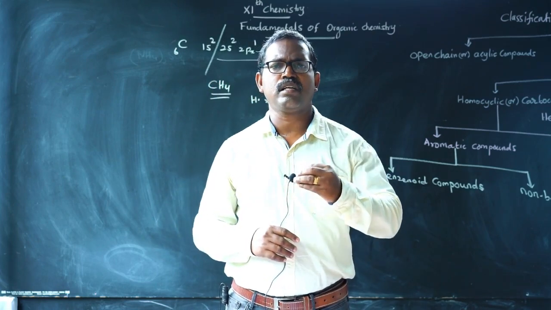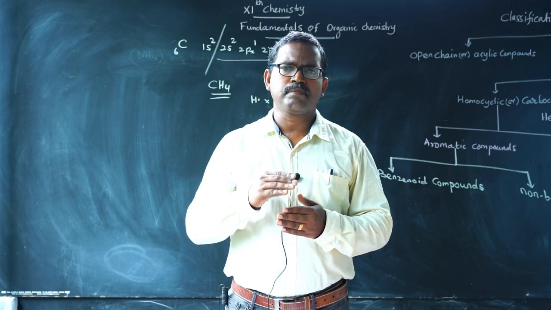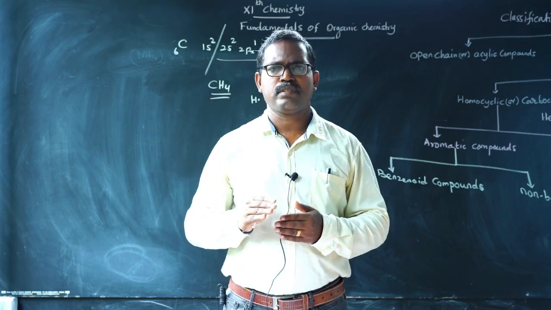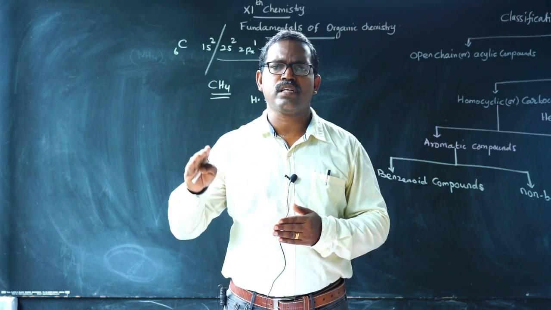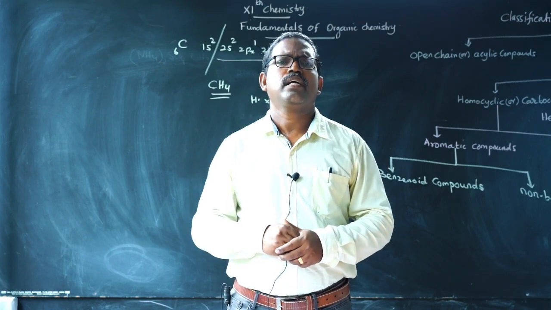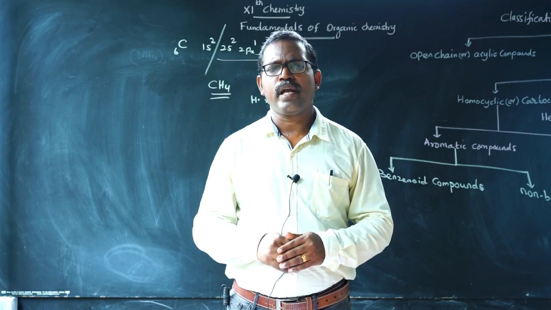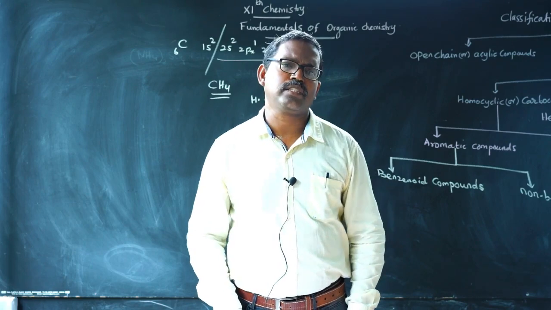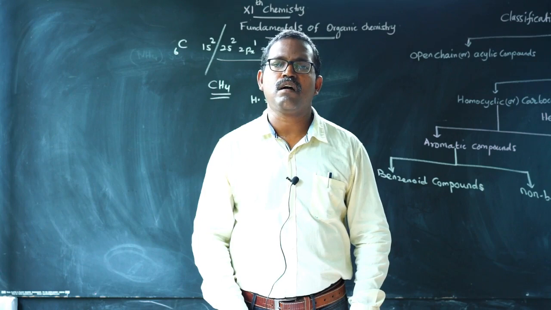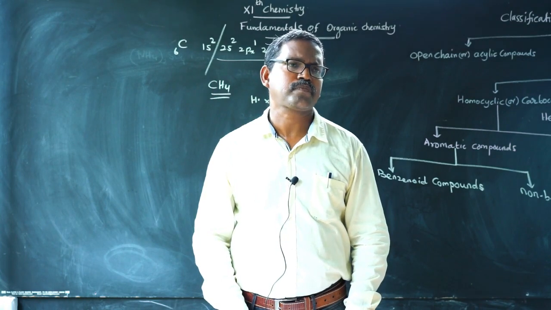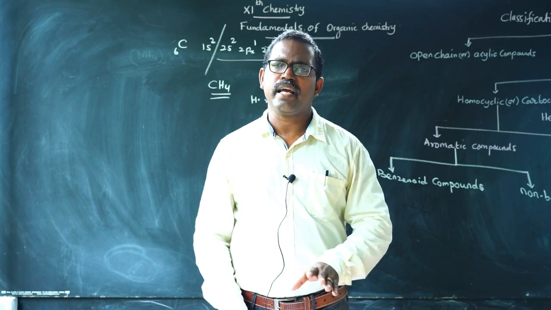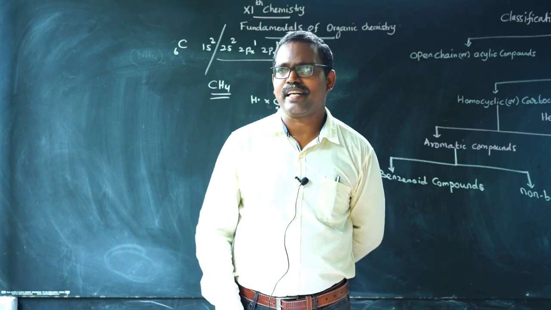Carbon self-condenses with other carbon to form a chain of covalent bonds; that is called catenation. Why does carbon show greater catenation power? Because of the stronger carbon-carbon single bond, with high bond energy. This is called catenation.